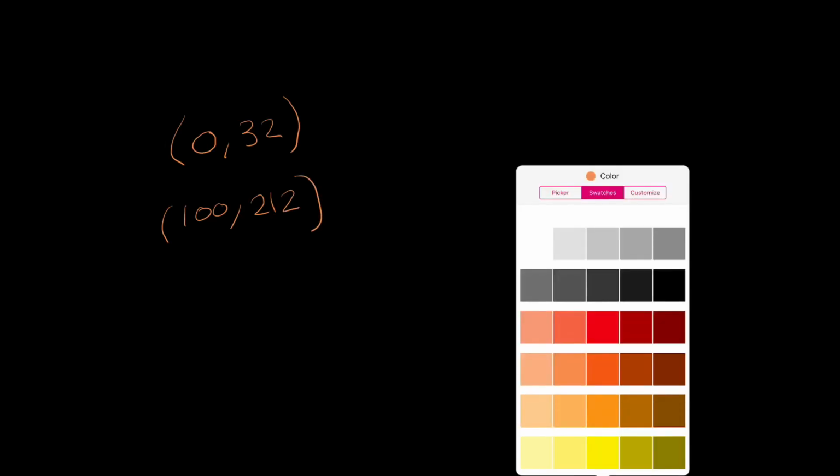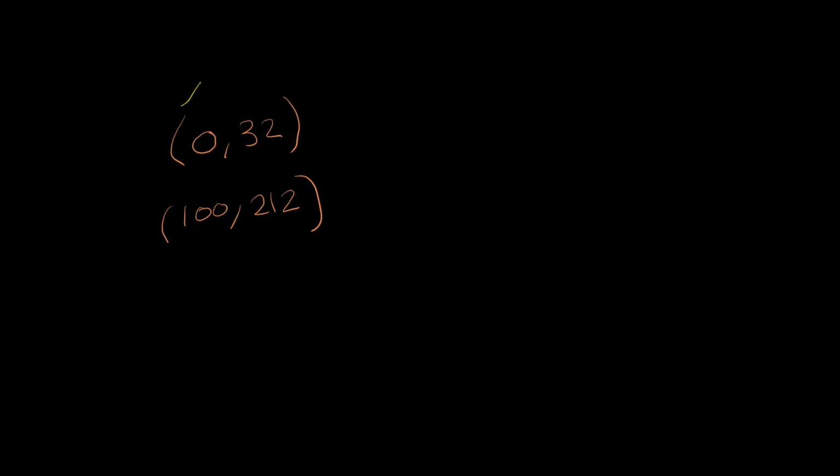So the freezing point from the Celsius scale was 0, and for the Fahrenheit scale it was 32. And for boiling it was 100 and 212. So that's x1, y1, and x2, y2.